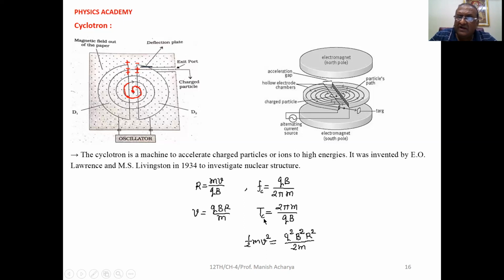From this one, you can write the period of the revolution, that is 2 pi m upon qB. From this equation of the radius, you can write velocity v as qBr upon m. So you can prepare the equation for the kinetic energy also, that is half mv square equals q square B square r square upon 2m. Clear to all of you?